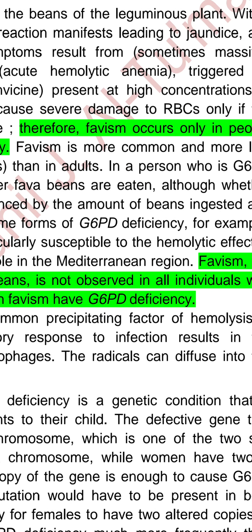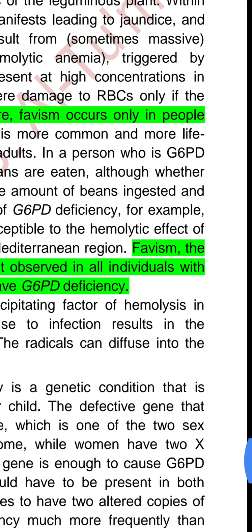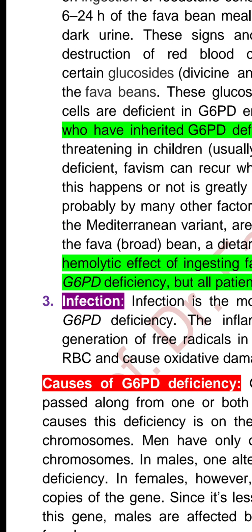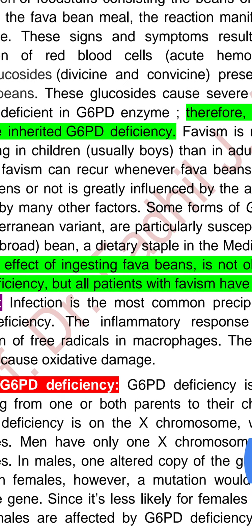Therefore, favism occurs only in people who have inherited G6PD deficiency.